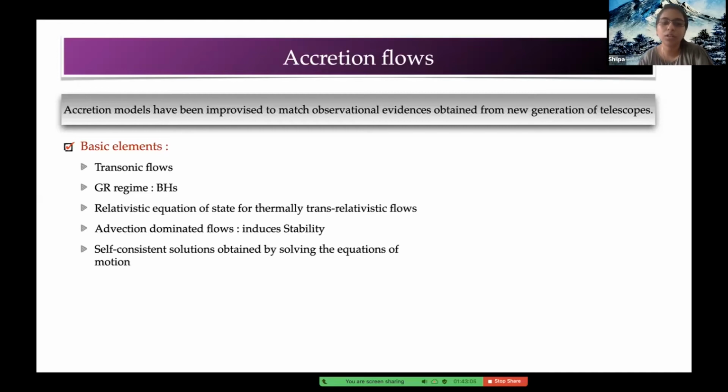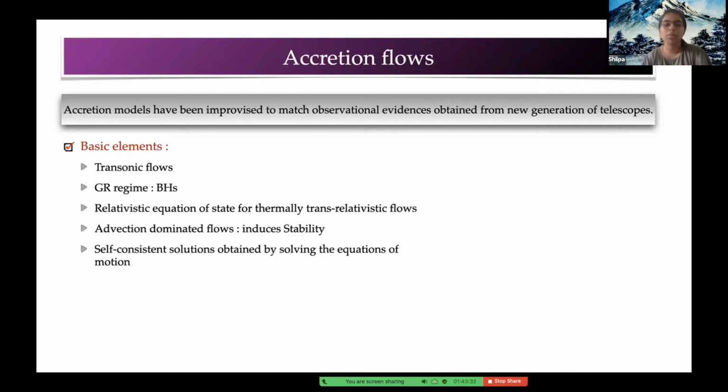And if we are working on black holes, then we should consider the general relativistic regime. Since we are dealing with flows which are transrelativistic in nature, we need to consider a relativistic equation of state, and fixed adiabatic indices are untenable. And there should be advection inside the system because it induces stability, and all this has to be solved self-consistently using the equations of motion.